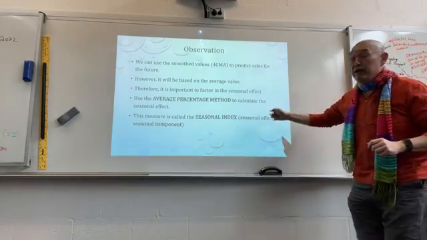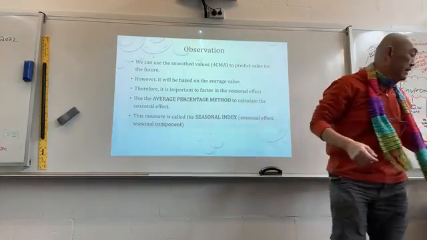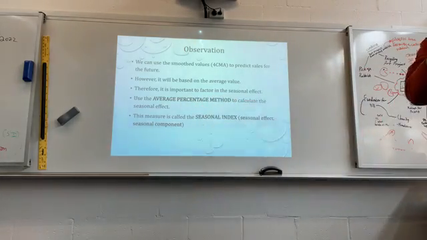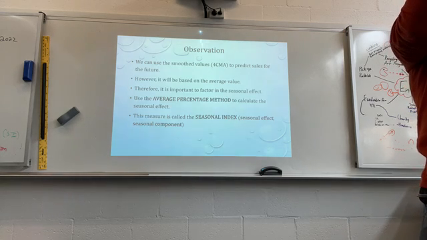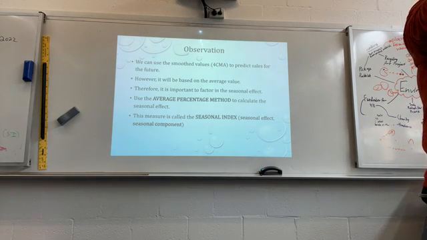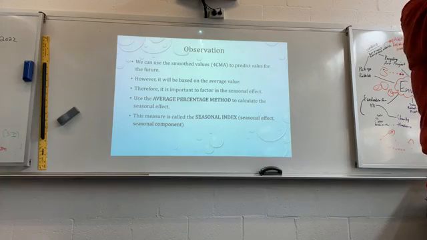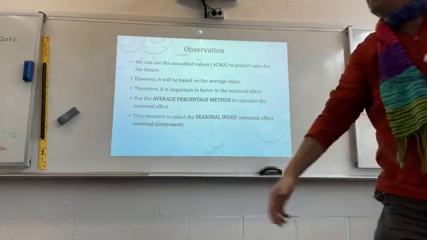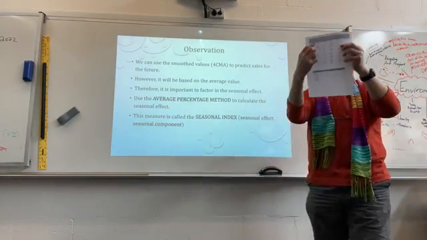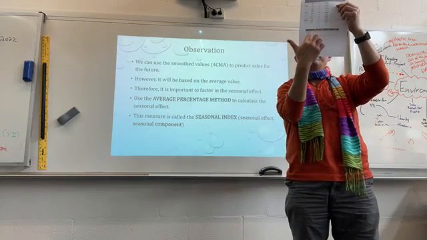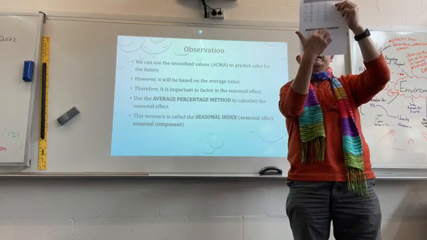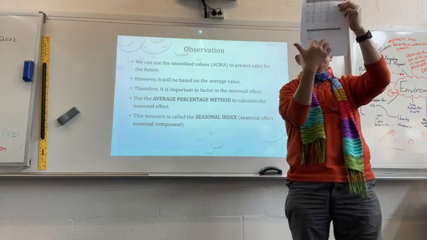So we have to learn how to use the average percentage method. It's pretty much the basic: you can work out the seasonal index for each individual season. Then for the time series, if you've got, say, February, look at all the February seasonal indices and then use the average. That's all.